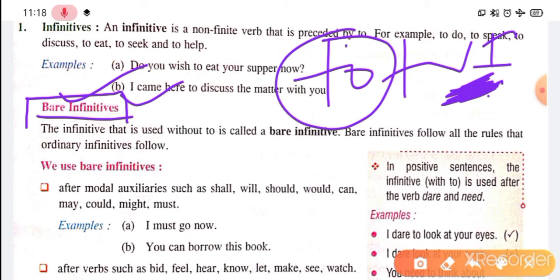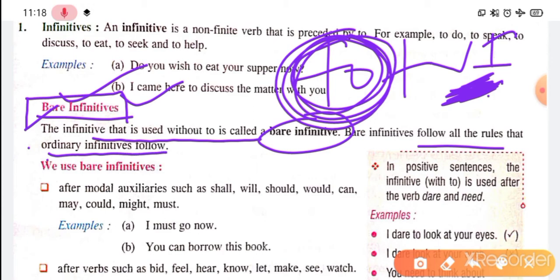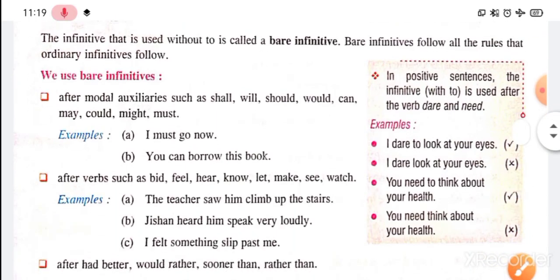So if the verb is used without to and remains the same in a sentence, that will be a bare infinitive. The infinitive that is used without to is called a bare infinitive. Bare infinitives follow all the rules that ordinary infinitives follow. The same rules are applicable. Let's see the sentences.